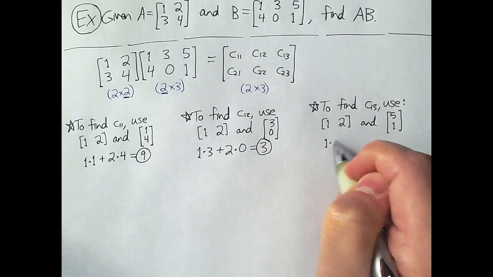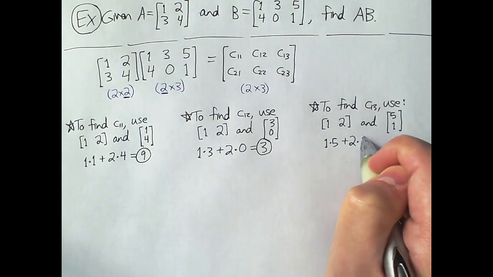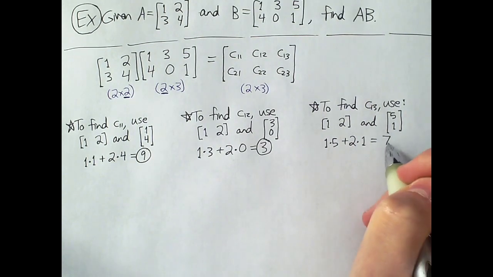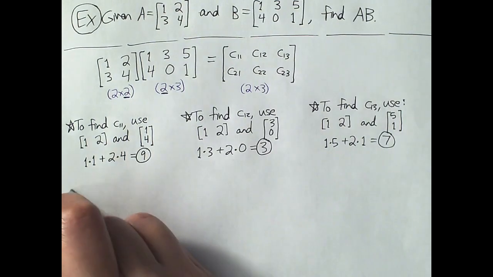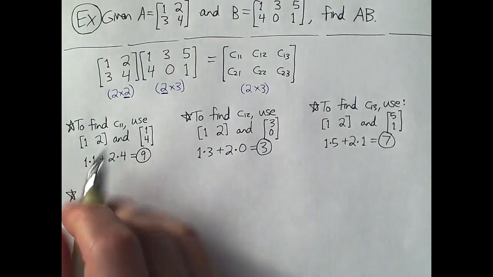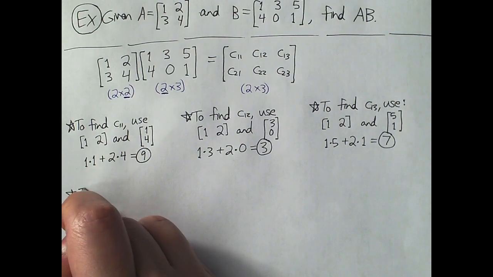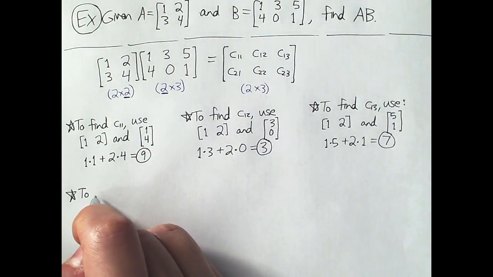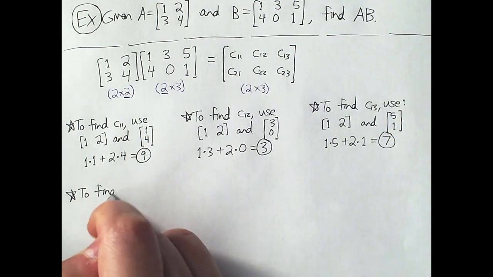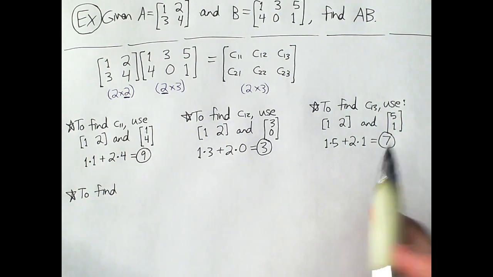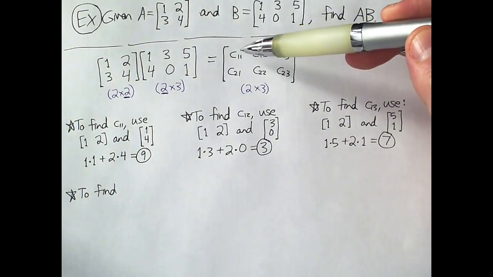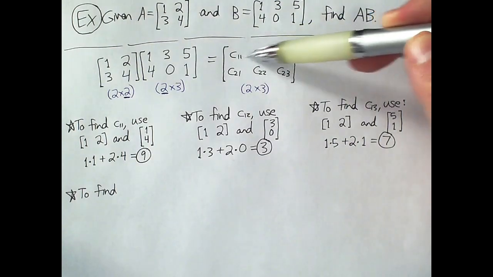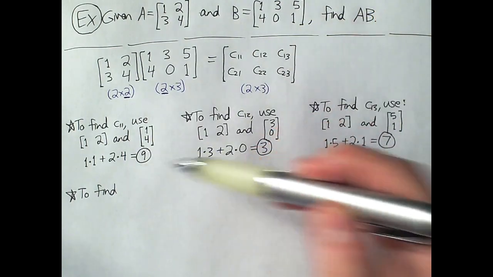So 1 times 5 plus 2 times 1 is 7. I think the hardest thing about this is just to watch out for little mistakes, like copying the wrong number or making a little arithmetic mistake. All right. We found 9, 3, 7, which is going to be the top row of our answer.